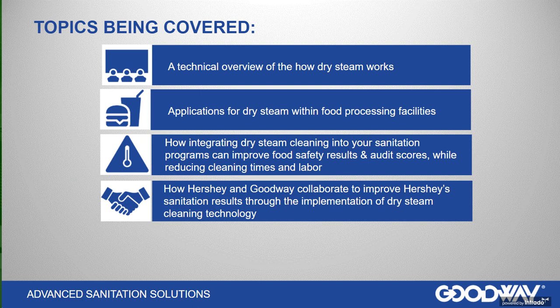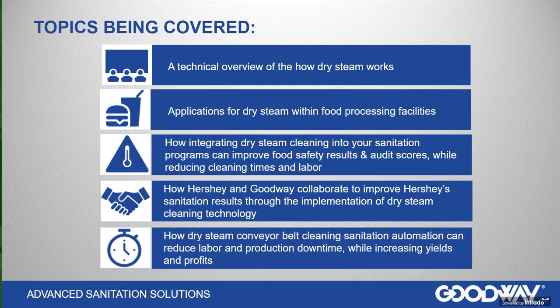I'll also look at how Hershey and Goodway collaborate to improve Hershey's sanitation results through the implementation of dry steam cleaning. And finally, we'll talk about how automation and dry steam conveyor belt cleaning can reduce labor and production downtime while increasing yields and profits.